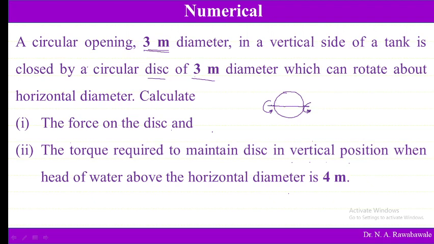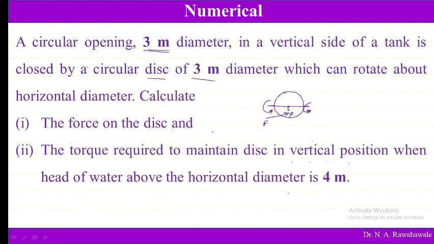It is hinged at its diameter. So he is asking us to find out force on the disc. So how much force is acting on this disc, that is total pressure, and the torque required to maintain the disc in vertical position.